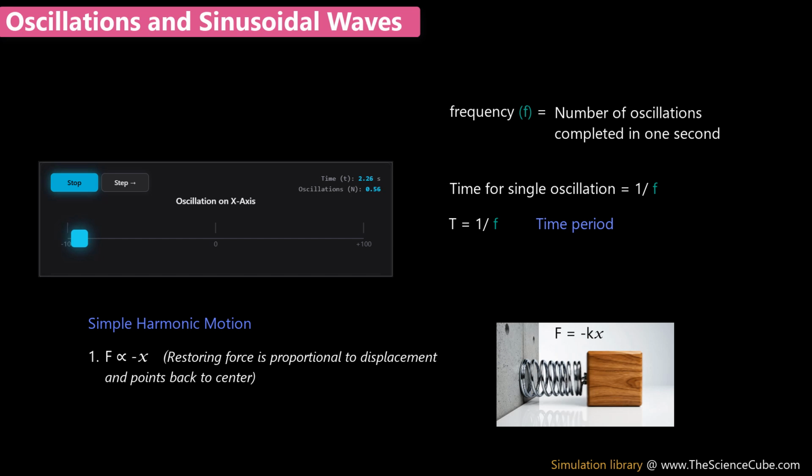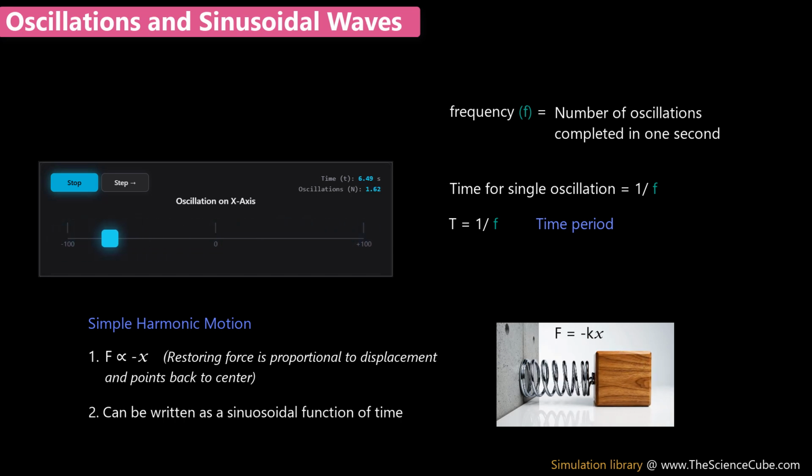And this type of periodic motion follows a sinusoidal function of time, which in simple terms means that it can be written as a sine or a cosine of time t.